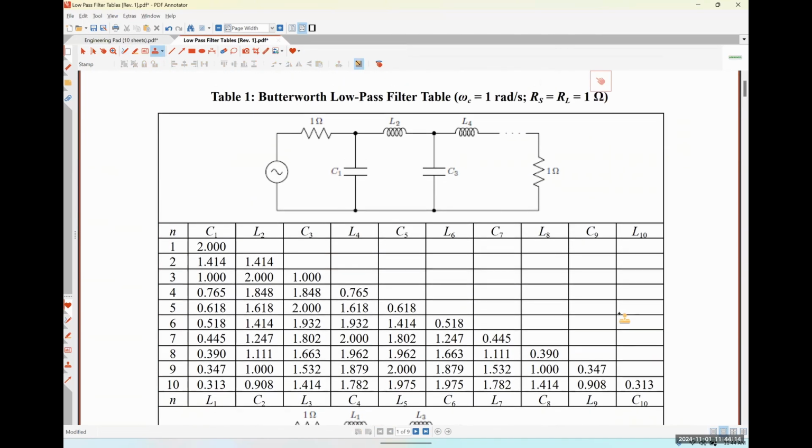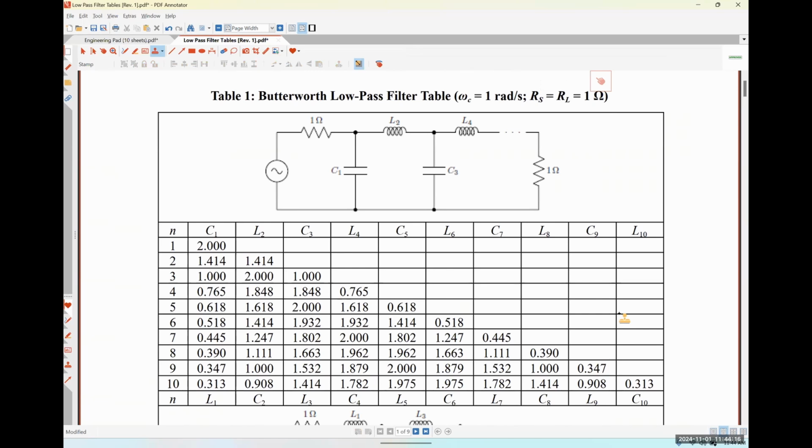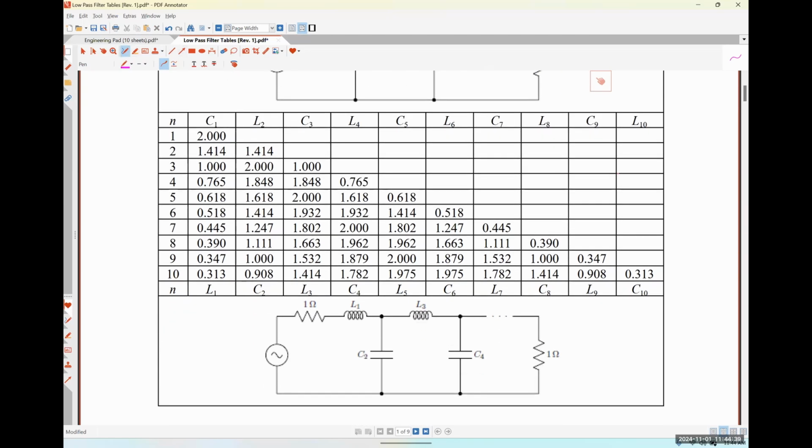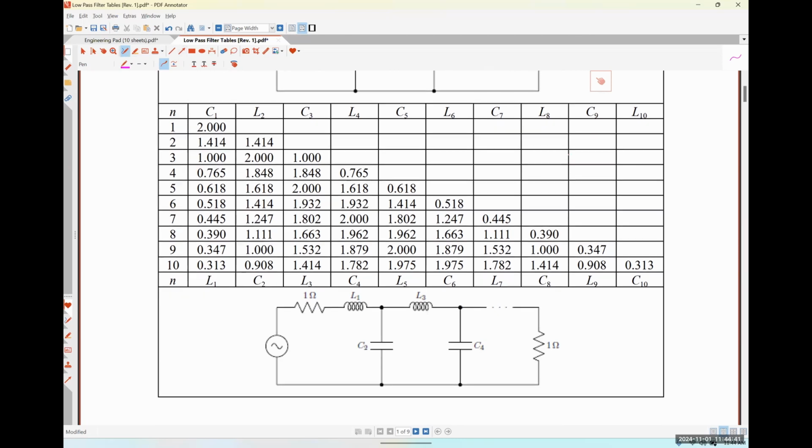So we've got this table for low pass filters, Butterworth low pass filters specifically, where omega C is 1 radian per second and RS is equal to RL. There are actually two different ways that we can implement this circuit: the one we just did, or we could slightly change it.